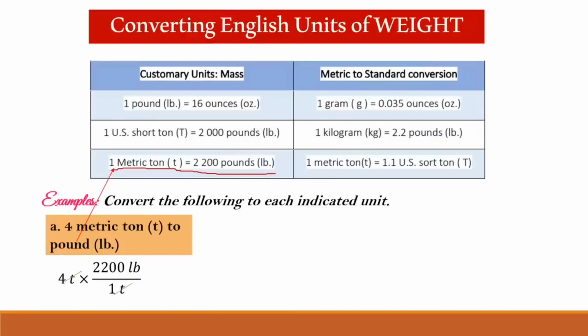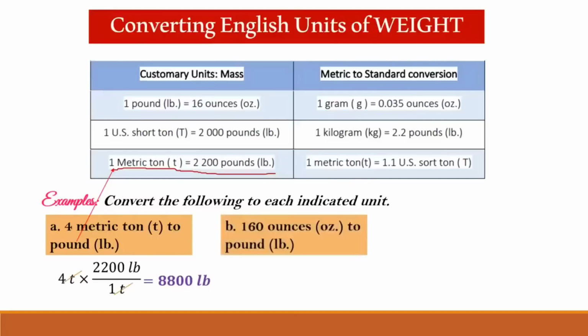And we can cancel ton and multiply. So 4 times 2,200 is equal to 8,800, and then we write our unit, which is pound. So the final answer is 8,800 pounds.